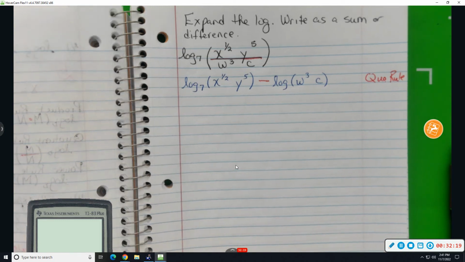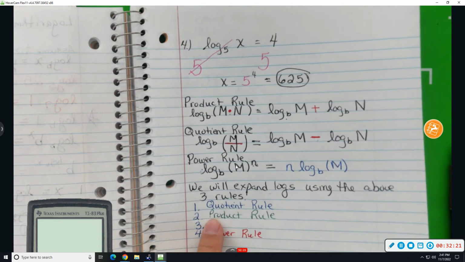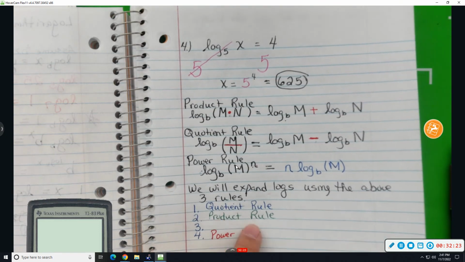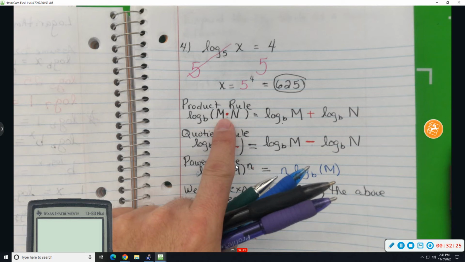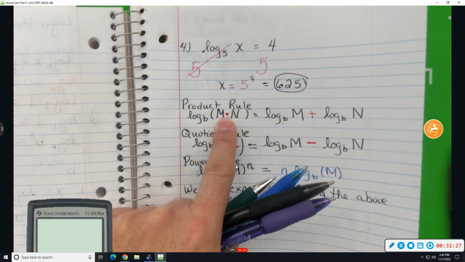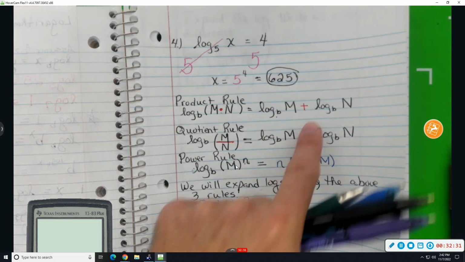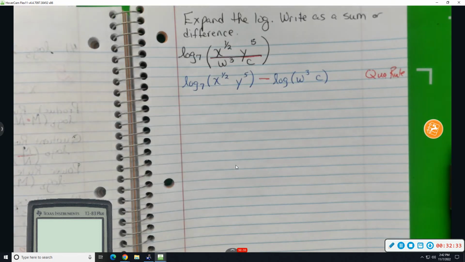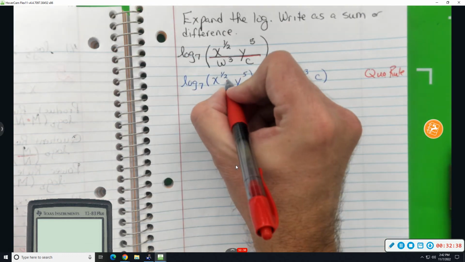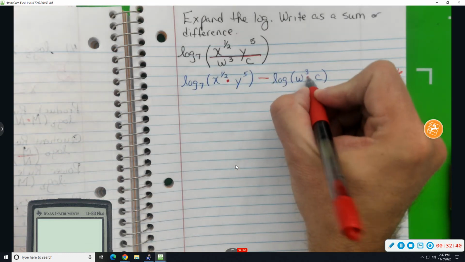The next thing to do is the product rule. The product rule says wherever there's multiplication, break it up as 2 logarithms, addition. So right here's multiplication, and right there.